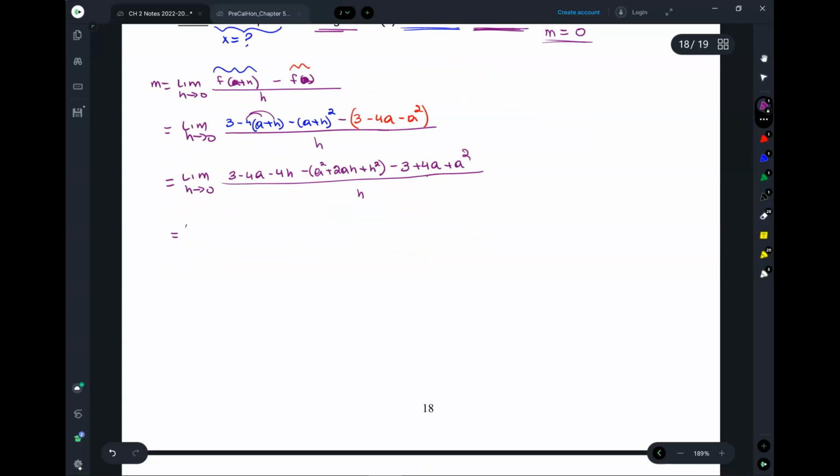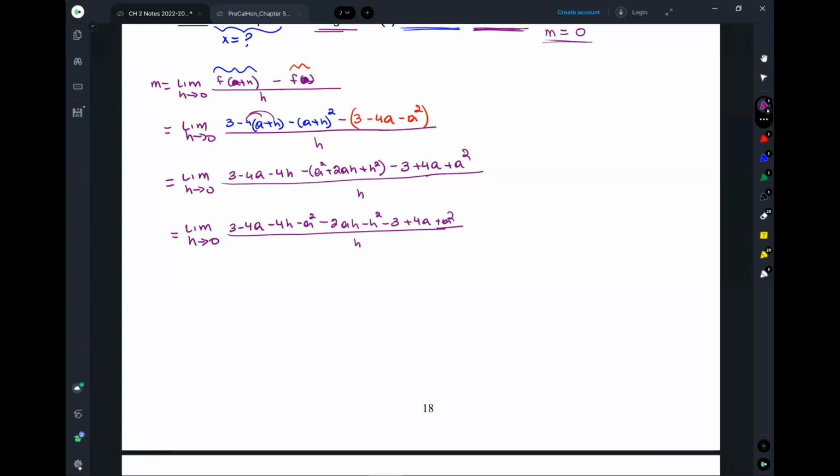Limit as h approaches 0. Let's put in the negative. So 3 minus 4a minus 4h minus a squared minus 2ah minus h squared minus 3 plus 4a plus a squared over h.